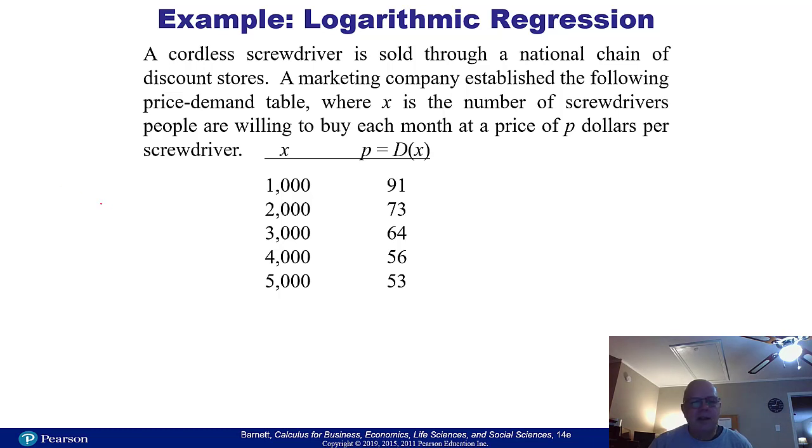You've got the x values, and you've got the p values, which represent the price of each one. So you'll put these, for example, and the TI-Nspire people I think can do something similar. So maybe put these in L1 and put these in L2.